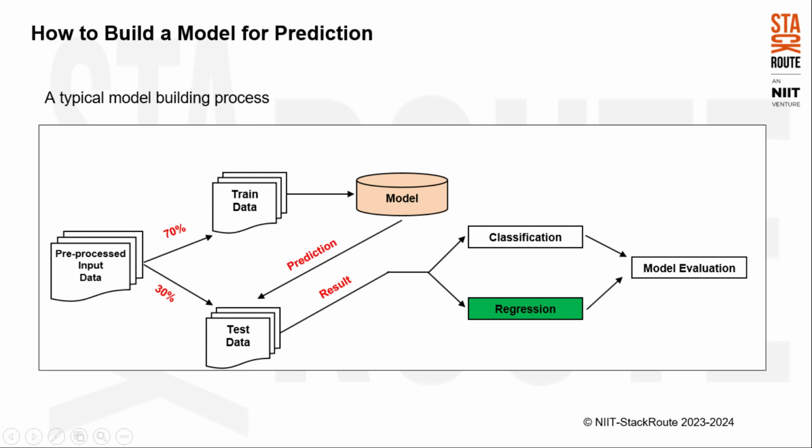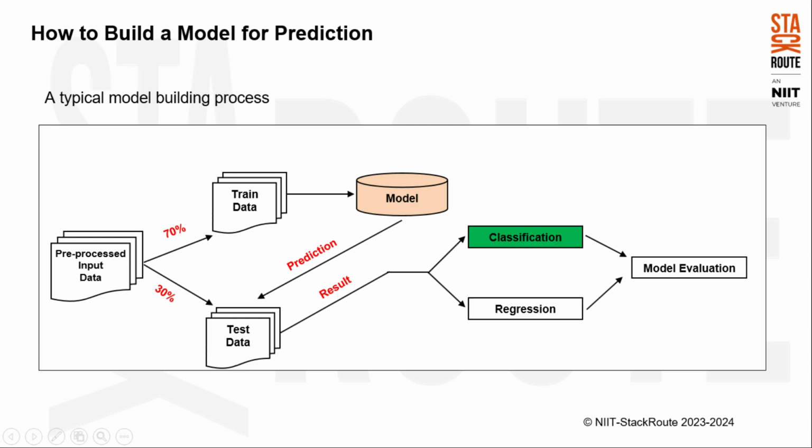So for example, if I'm expecting that my sales should be 20, my predicted value has to be close to 20. So if it is 20 and 20, then the error is 0. If the expected value is 20 and my model is predicting 15 or 25, then I have an error of 5. So I need to minimize the errors. So that is the evaluation technique for a regression model.